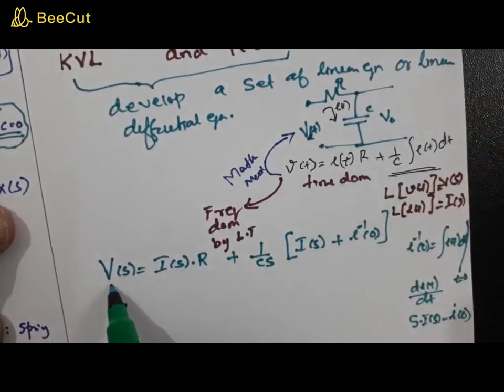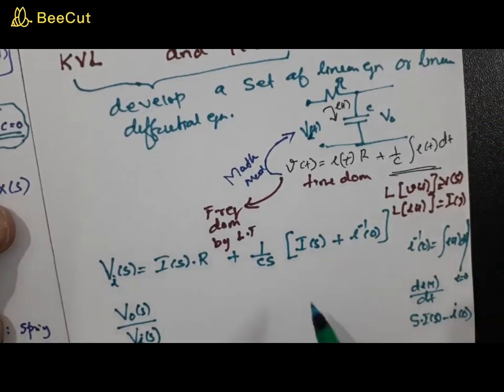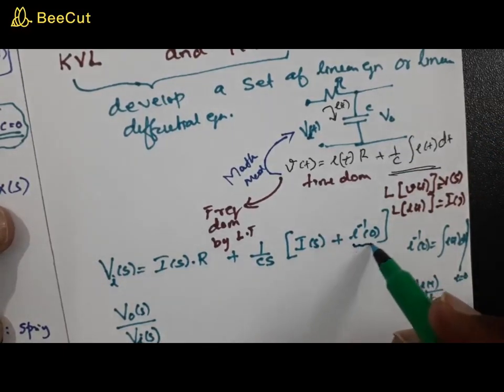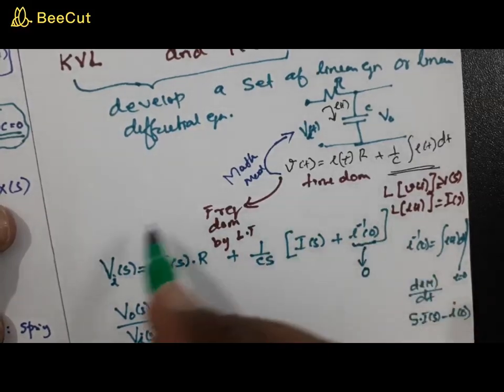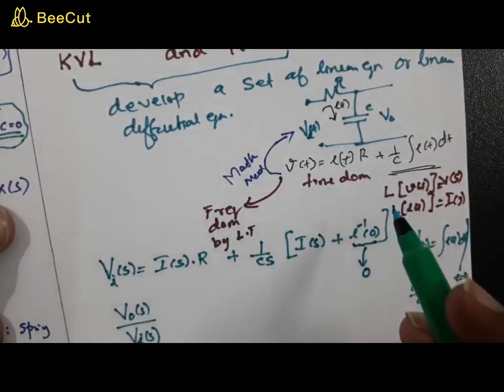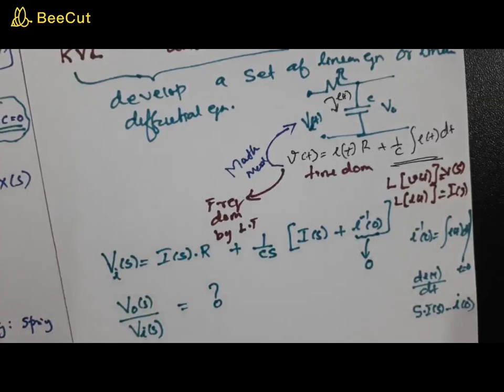From that we'll be able to get V0 of s by Vi of s, with initial conditions zero. When you consider the initial conditions to be zero, this automatically becomes 0, which makes the equation a bit simpler. So you will get an expression for that, and this is the transfer function. So from the given mathematical model, you can arrive at the transfer function. Is it clear?